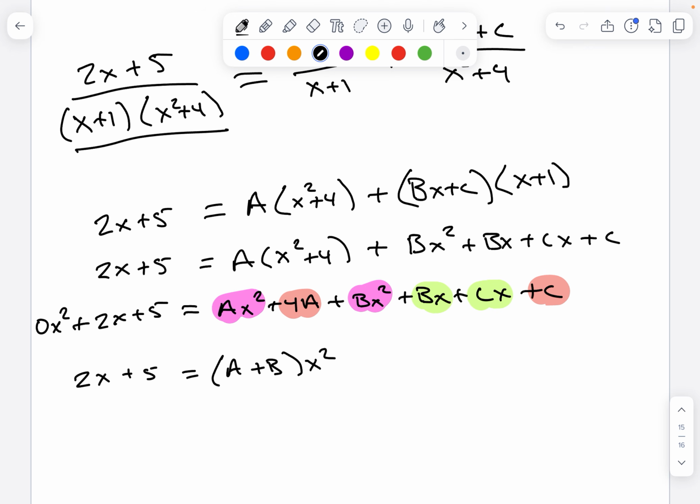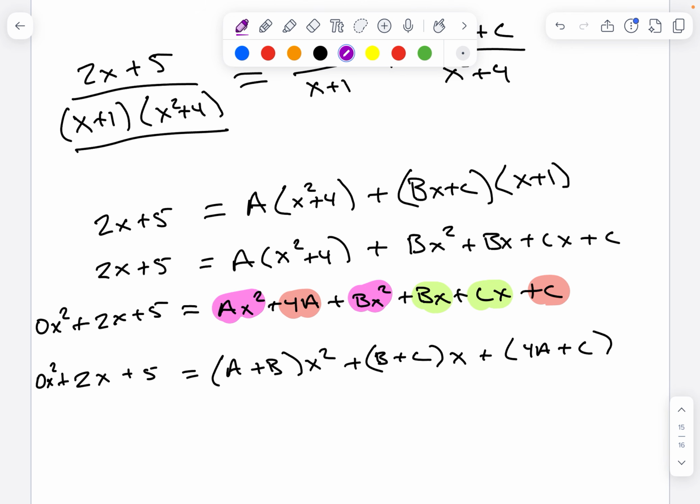So again, we get A plus B times x squared plus B plus C times x plus 4A plus C, and this is 0x squared.